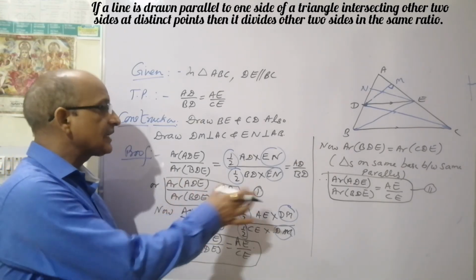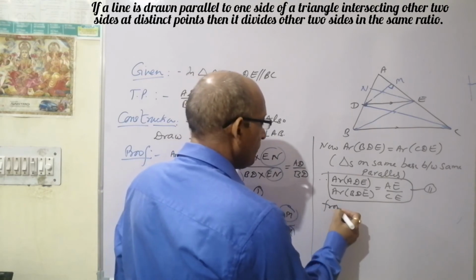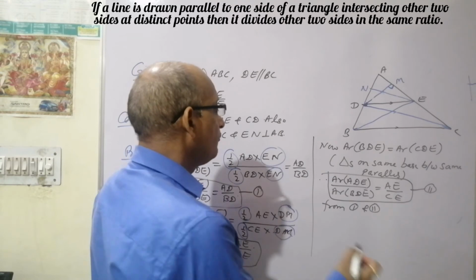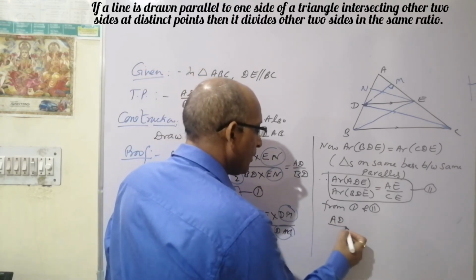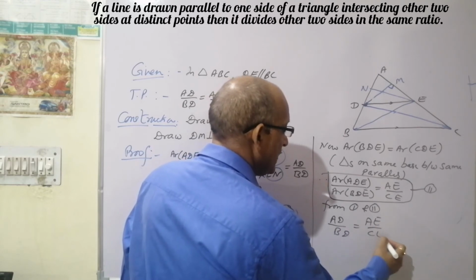So if the left hand sides are equal, then their equals will also be equal. We can write here from 1 and 2, AD upon BD is equal to AE upon CE.